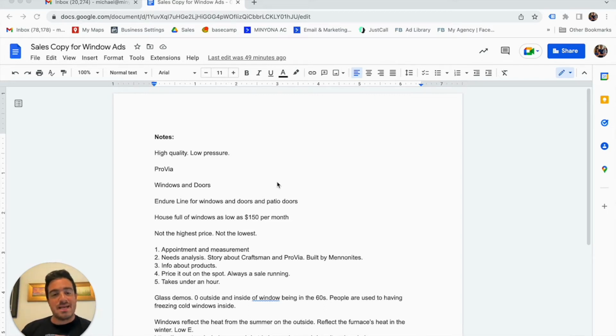The next thing I jotted down was Provia, and I think I'm pronouncing that right. Provia is just the brand of windows, the company that makes the windows that my client sells. The reason I jotted that down is because he mentioned it, and I'm going to do some research on my own about what Provia windows offer and why they're good, and I'll get some really cool marketing ideas just from their website.